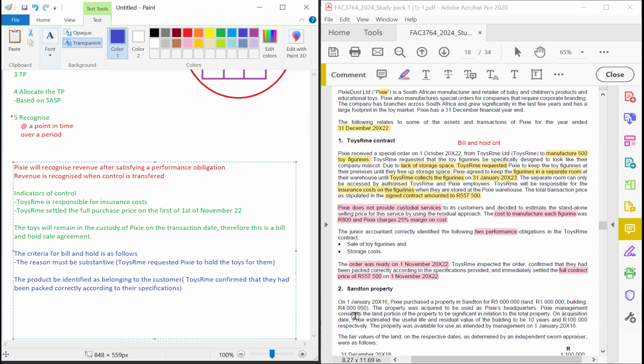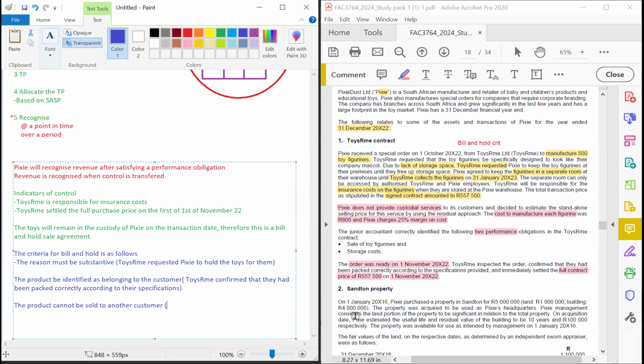So now, you could further state, which is another criteria, that the product cannot be sold to another customer, right? How do we know?